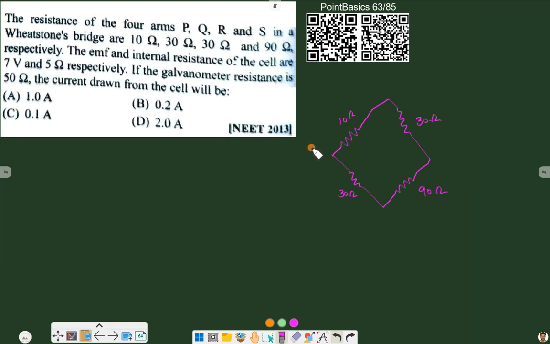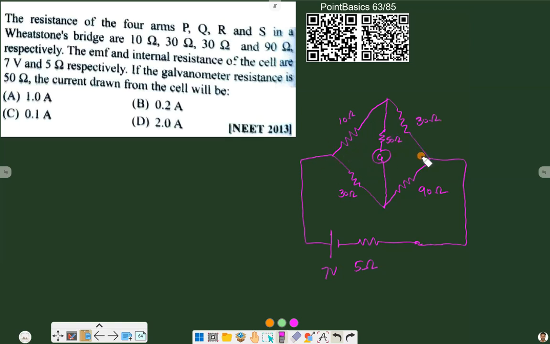Now we have a battery with 7 volt potential and 5 ohm internal resistance, and we have a galvanometer with 50 ohm resistance.